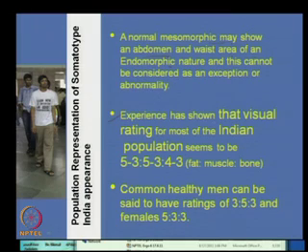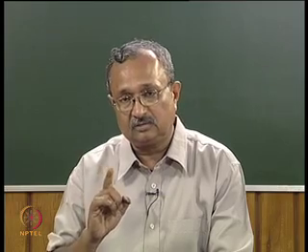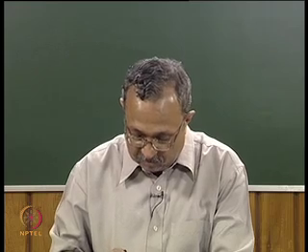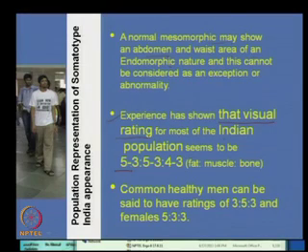Experience has shown that visual rating for most of the Indian population seems to be fat with that 7-degree scale described by Sheldon, 5 to 3, muscle 5 to 3 and bone 4 to 3. It is just a visual rating.